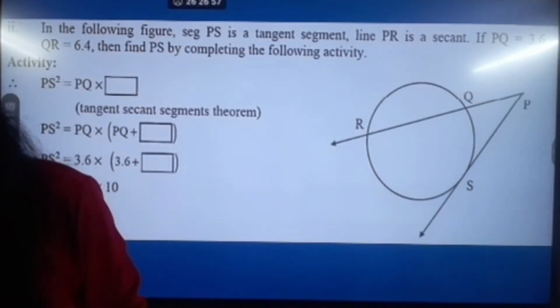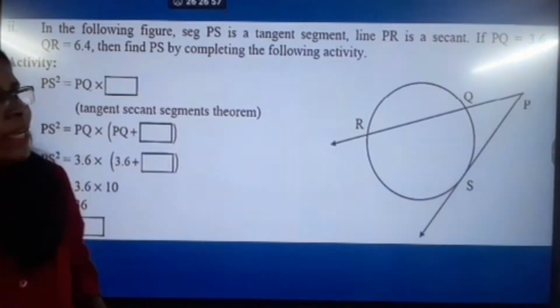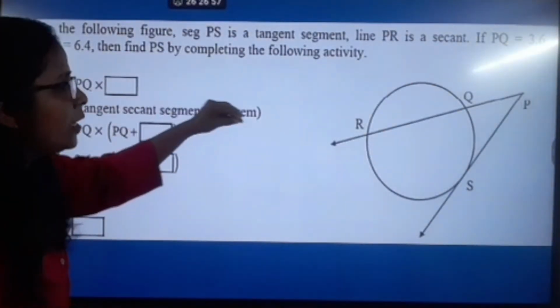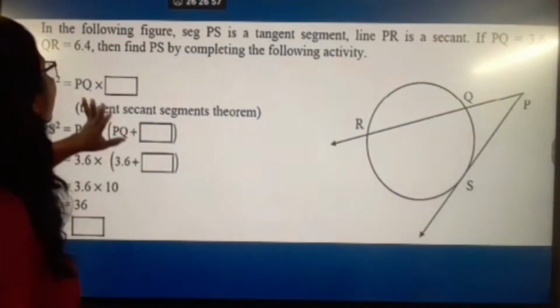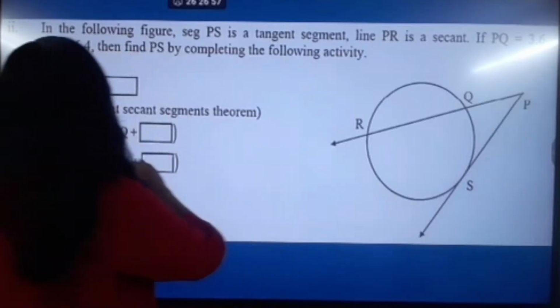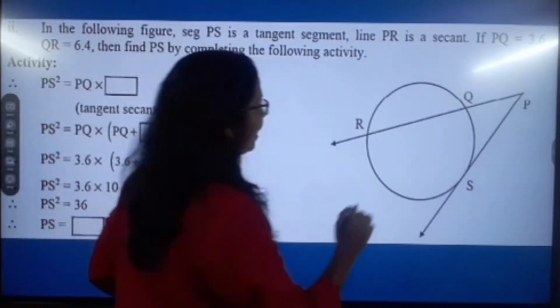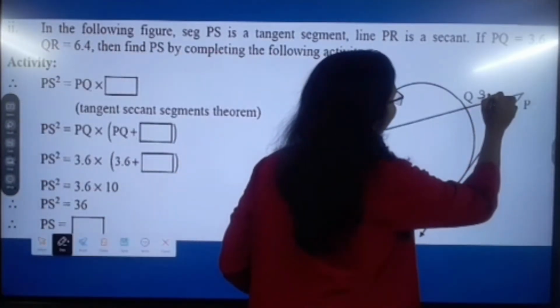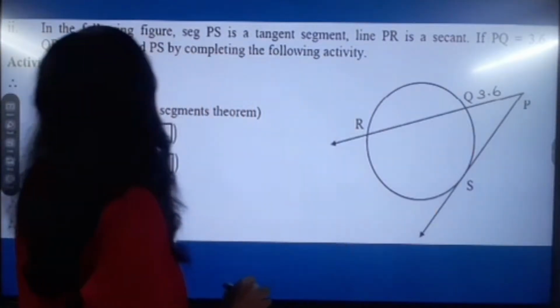So here, if PQ is equal to 3.6, where is PQ? See here, this part PQ is 3.6.